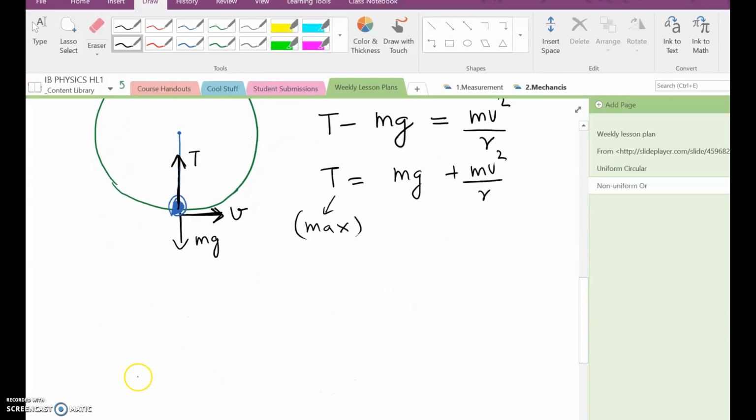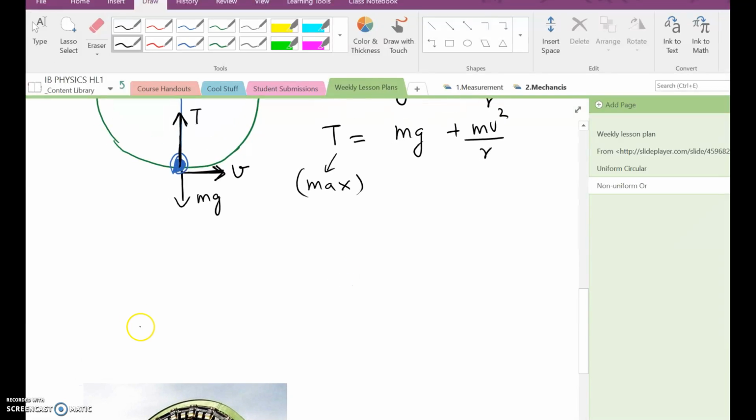What happens when the mass is at the topmost position? So when the mass is right here, the forces acting on the mass are again mg straight down, and the tension in this case is also going to be downward.